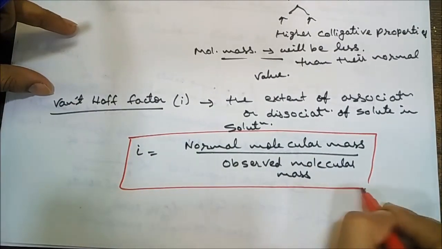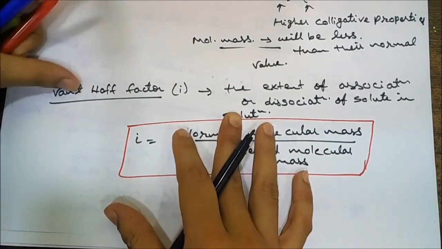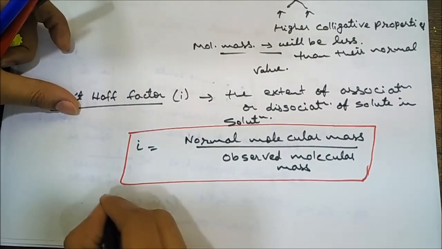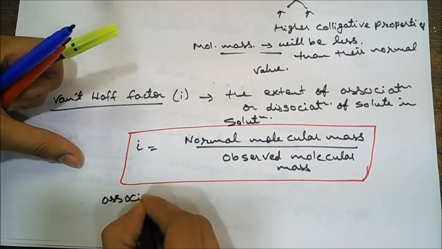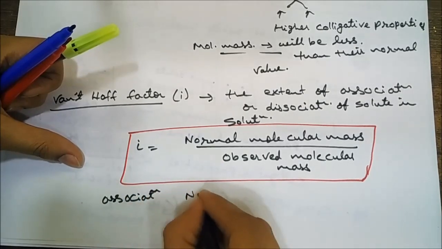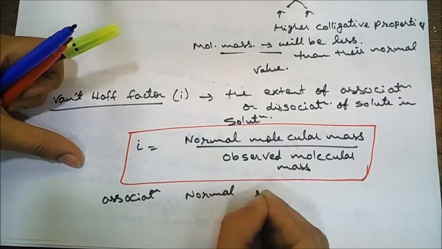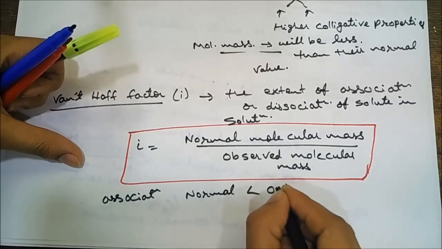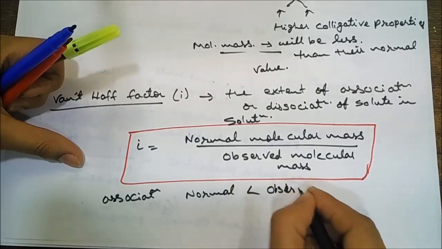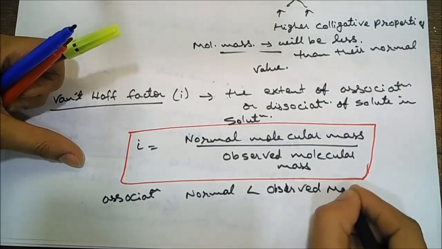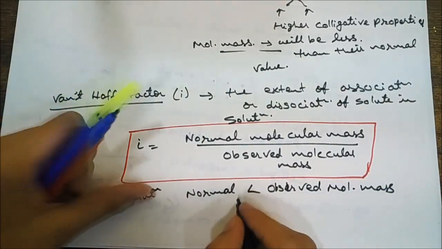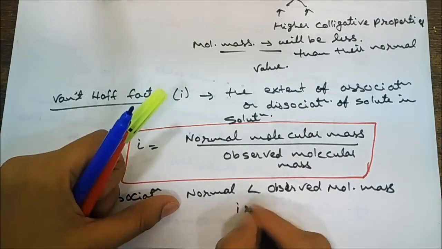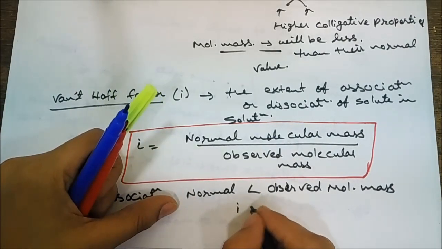In association, the normal molecular mass is less than observed, so for association, i will be less than 1.